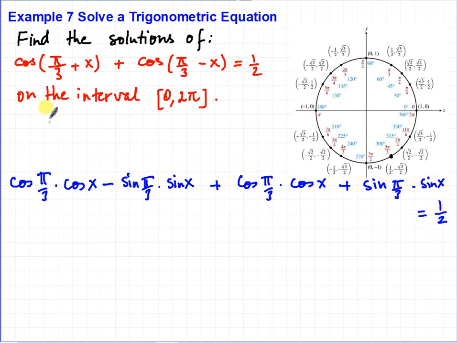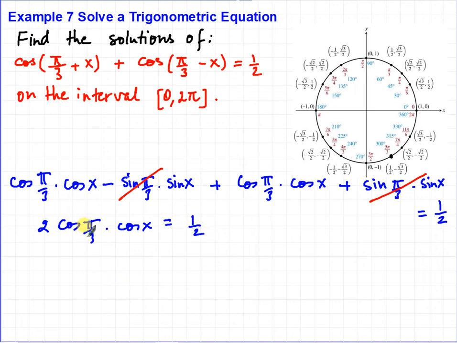Now, if you look at this expression, we have two like terms here with opposite signs, so of course we can cancel them out. And then I would be left with cosine pi by 3 times cosine x plus cosine pi by 3 times cosine x. So if we add those two, we'll get 2 cosine pi over 3 times cosine x equal to 1 over 2.